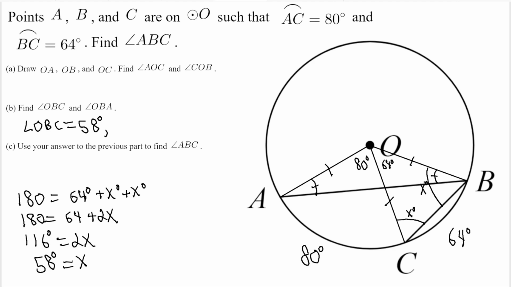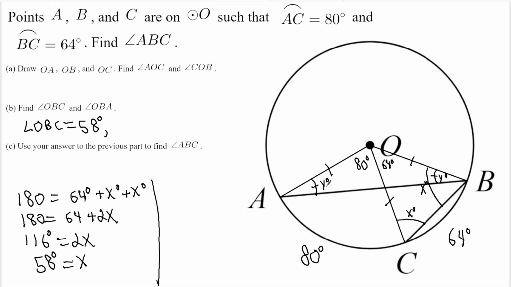Well, it's basically the same exact idea we were just using. We got that triangle AOB is isosceles, which means those two angles, the base angles, the ones with the single tick mark, are the same. So let's call that a y degree angle.